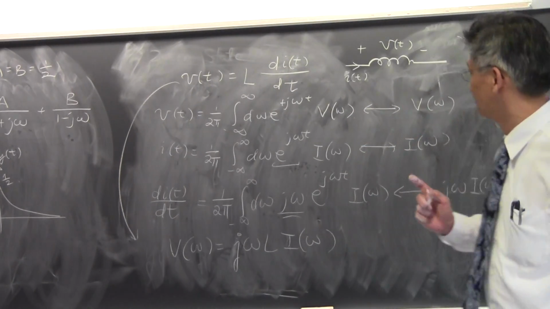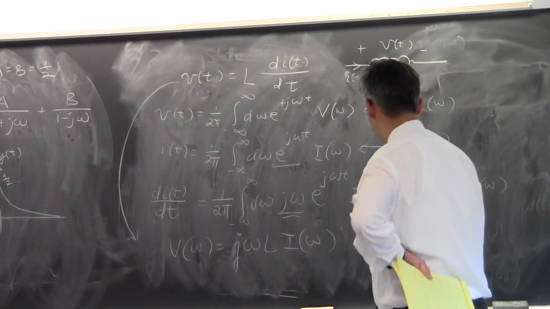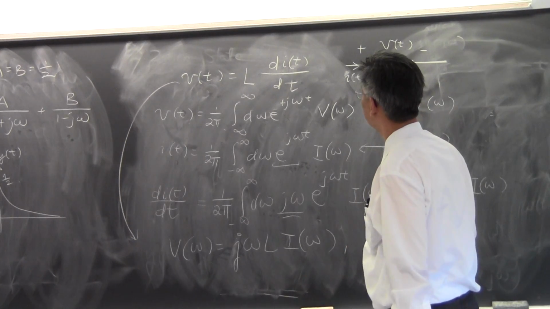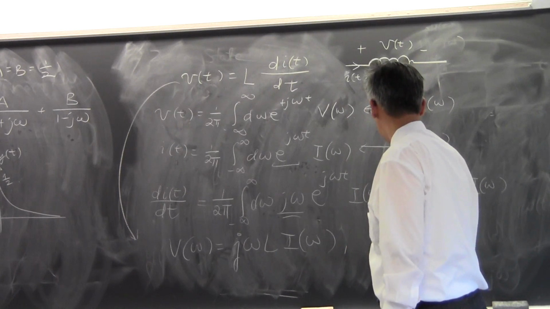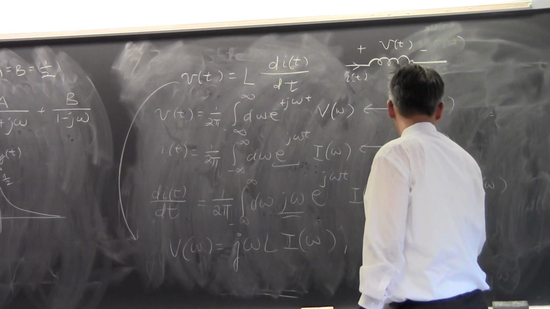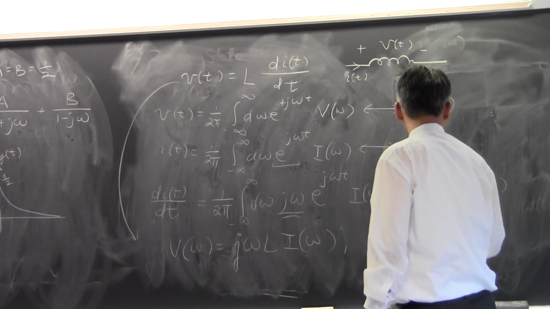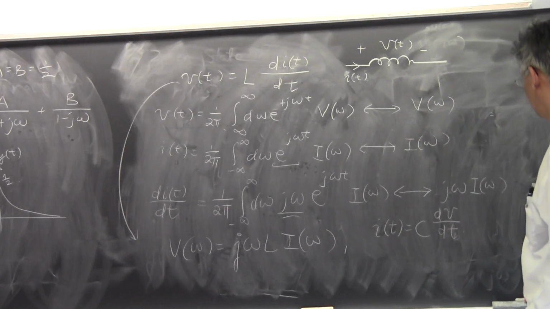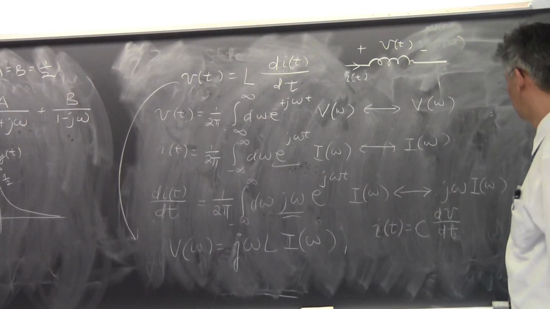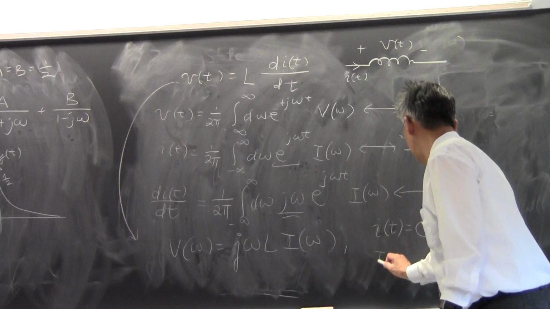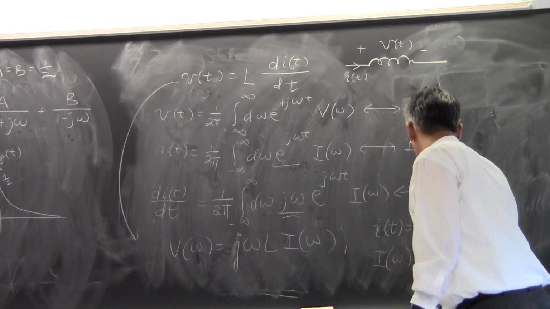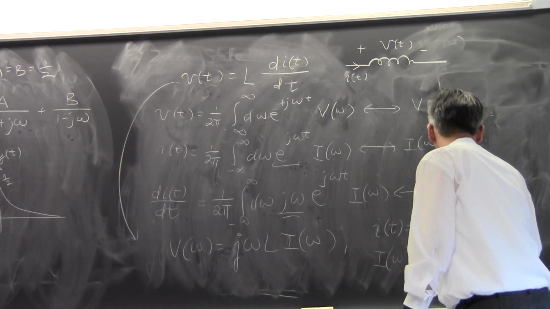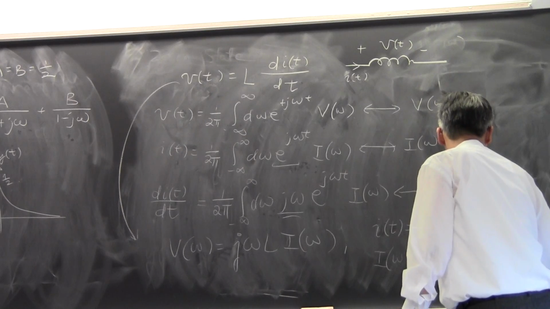Okay? So what happens if you have a capacitor? I of t is equal to C dV dt, or V is 1 over j omega C times I. So this relationship in the Fourier space will become I of omega equals j omega C times V of omega.